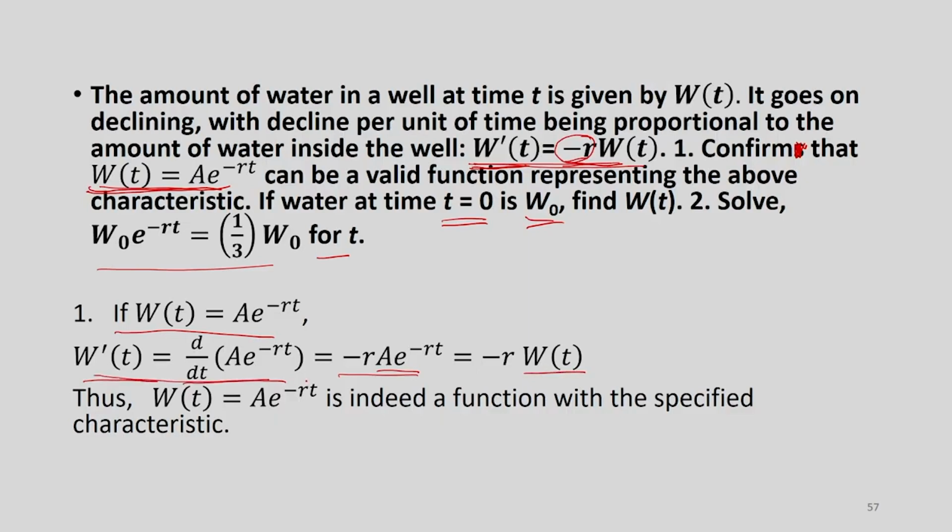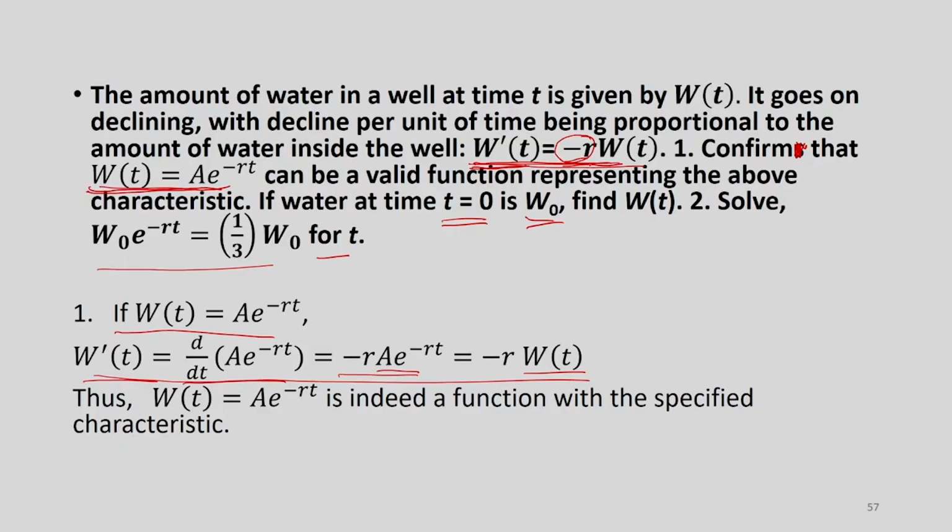So actually you are getting W'(t) is equal to minus R multiplied by W(t), and that is given in the question. So that characteristic is maintained. Therefore W(t) is equal to A e to the power minus Rt is indeed a function with the specified characteristic. So we have confirmed that.